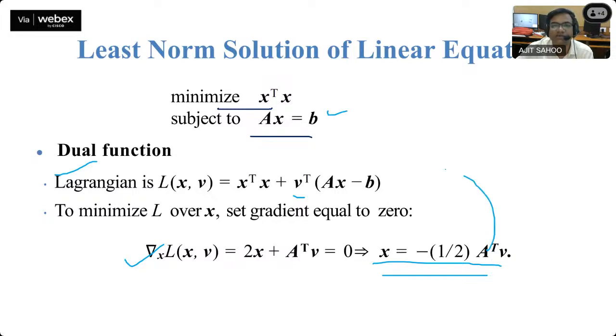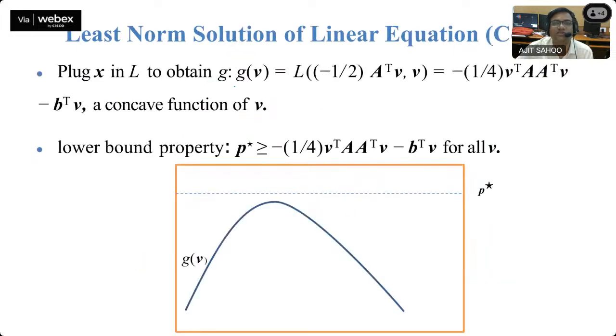Now you put this x back here, and it will be a function of nu only, and you will get this much. If you draw this, this function of nu is concave, but your p star, the minimum value, will be somewhere here. So it is a lower bound property.